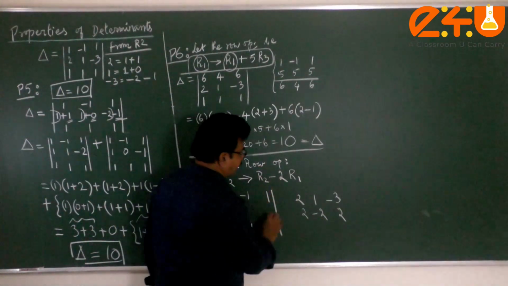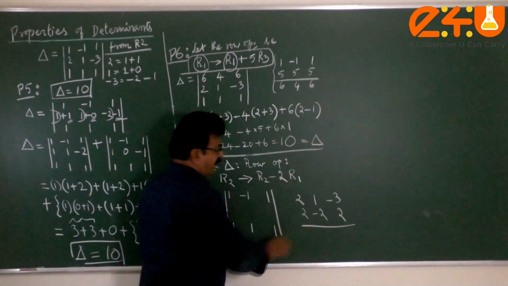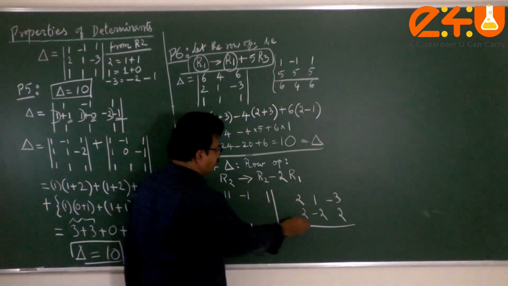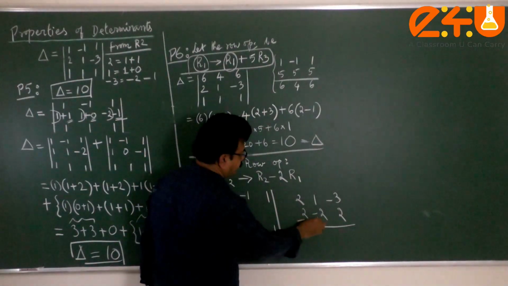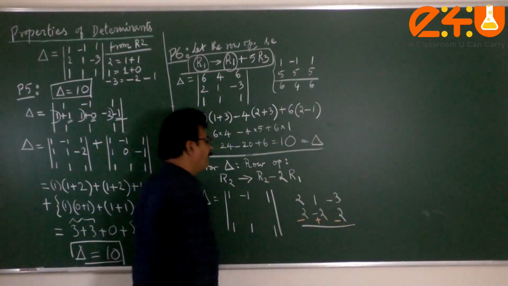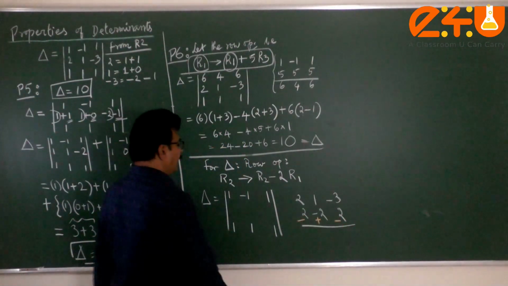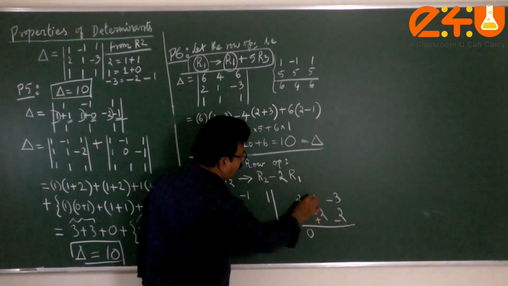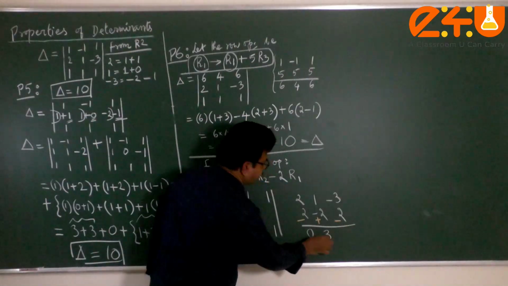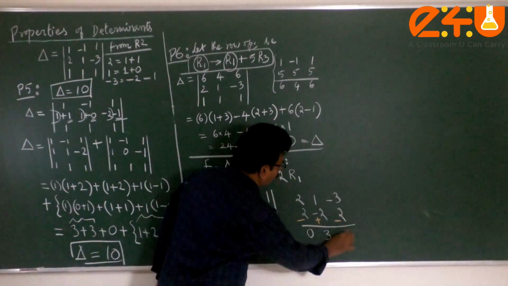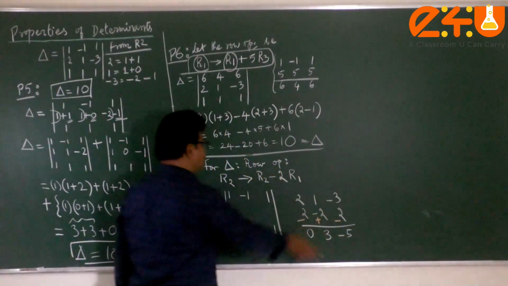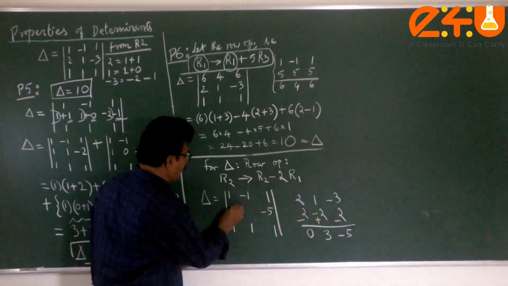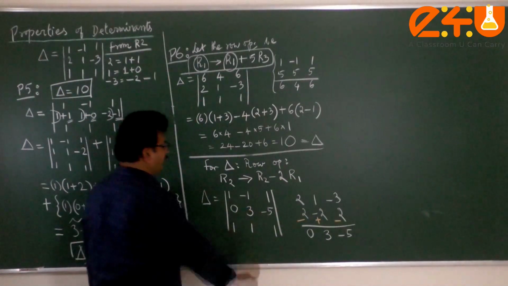And I have to subtract, so it involves a change of sign. At the end I get 2 minus 2, so the answer is 0. And 1 plus 2 gives 3, minus 3 minus 2 gives minus 5. So it is 0, 3 and minus 5.